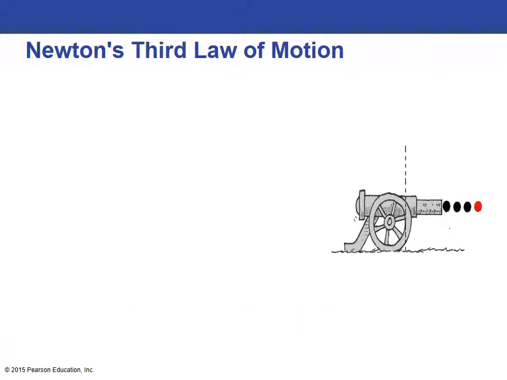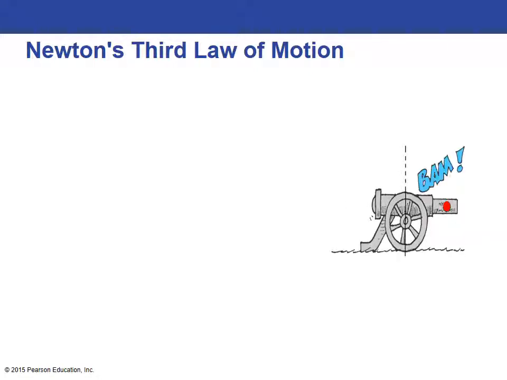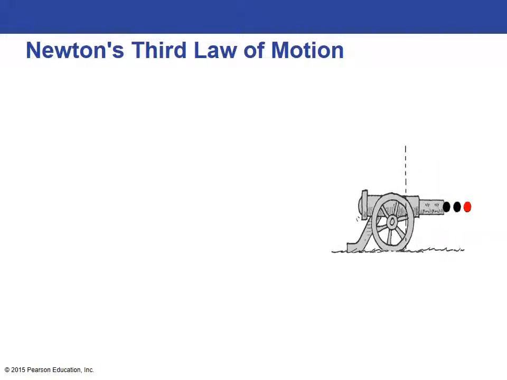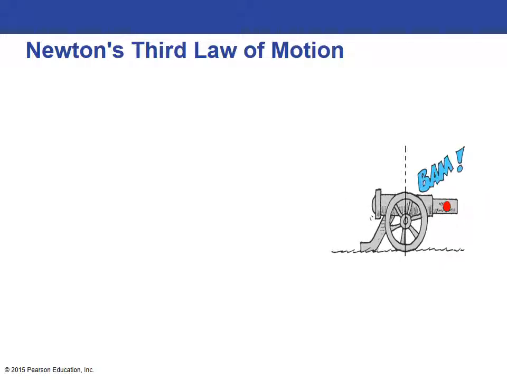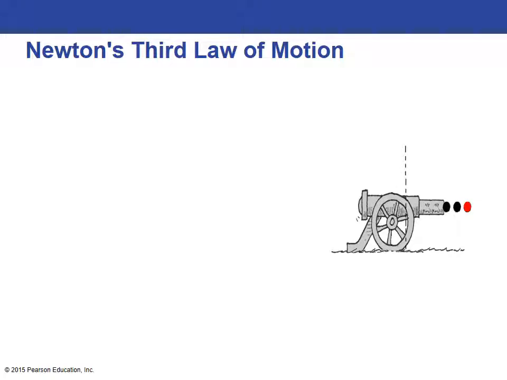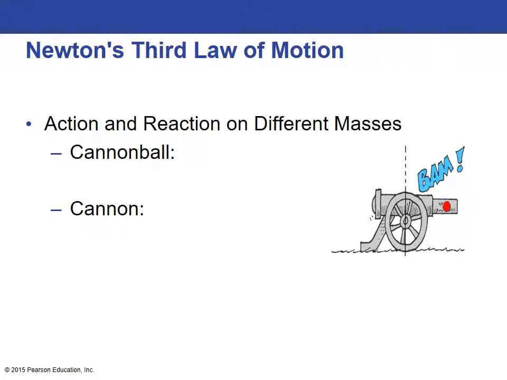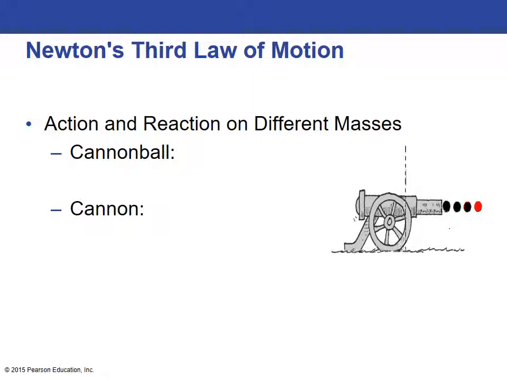Let's look at a better idea. Let's shoot a cannonball. All right, you got some high power graphics going on here. If you've ever shot a gun, or even the Nerf guns that we play with, there's a recoil. Even though the projectile goes forward, we feel the gun go back into our hand, and that's because of the interaction between this system.